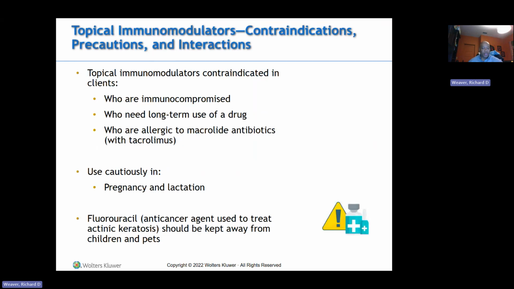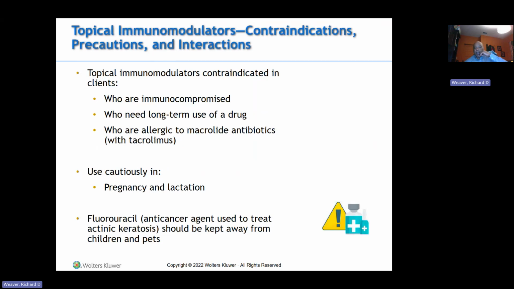Anytime your patients are allergic to these types of antibiotics, we do not want to give Prograf to them. I don't know if that's topical, I know we give it by mouth, the Prograf, but I'm not sure if they have a topical form. At least I've never administered it like that.